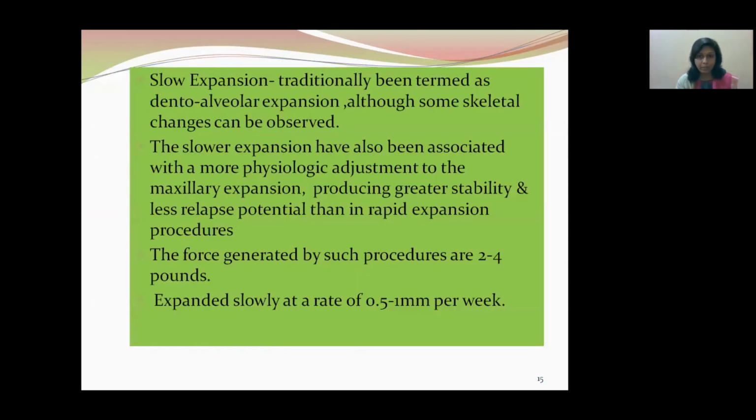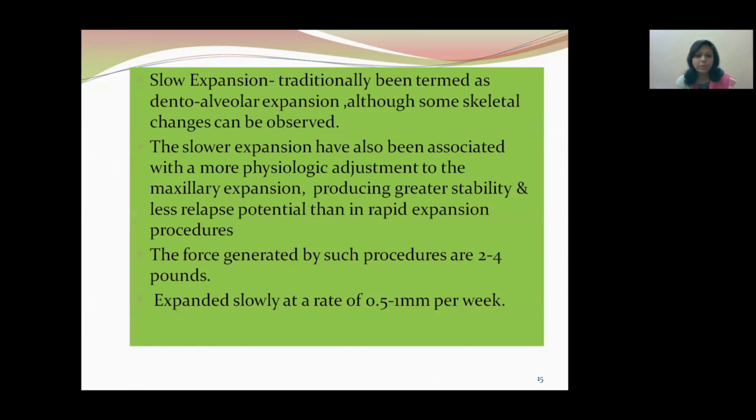Slow expansion is also termed dentoalveolar expansion. However, there is some amount of skeletal expansion also observed, and it is associated with a more physiologic adjustment to the maxillary expansion. It produces greater stability and less relapse potential than rapid maxillary expansion procedures.